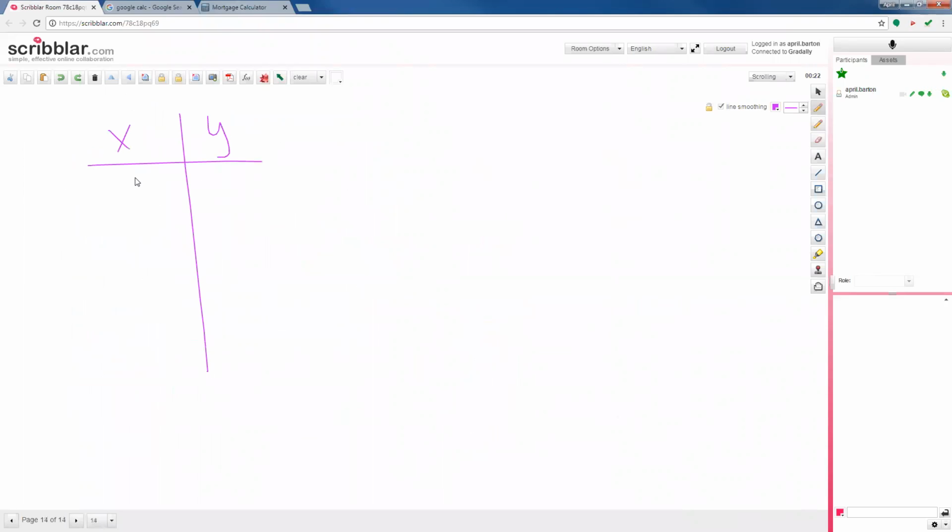So let's say our table was, let's say this was our table.